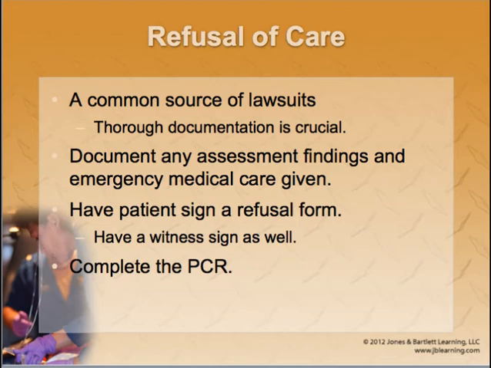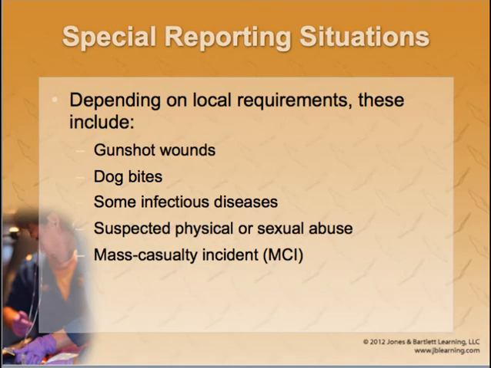Document that you advised the patient that his condition was serious and without further care he could have some negative consequences. Document that you advised him that you would be willing to come back anytime. Whatever you did, make sure you put it in there. Then have the patient sign the refusal form and have a witness sign it as well. And then make sure you complete the entire PCR.